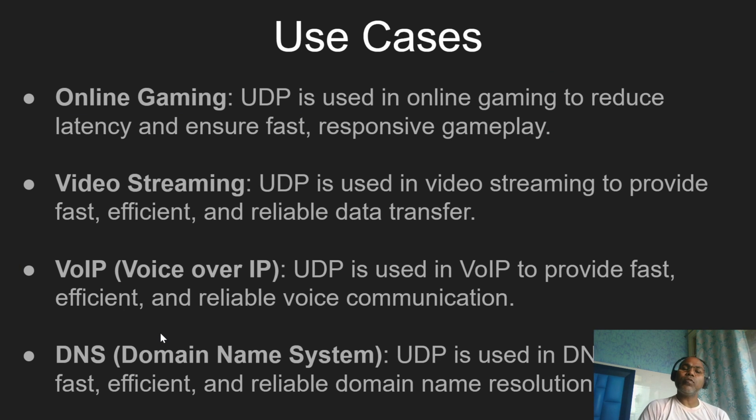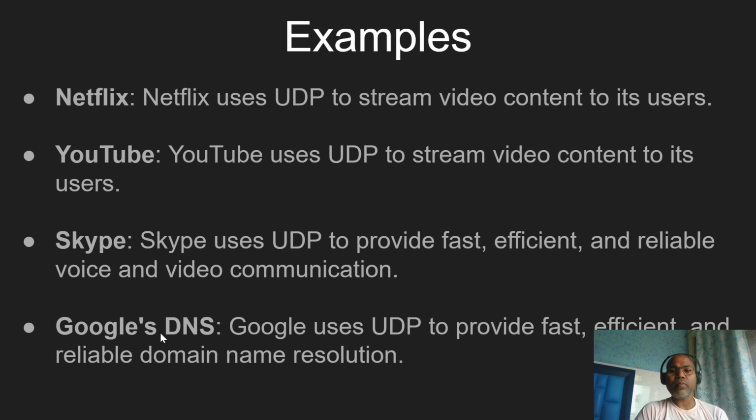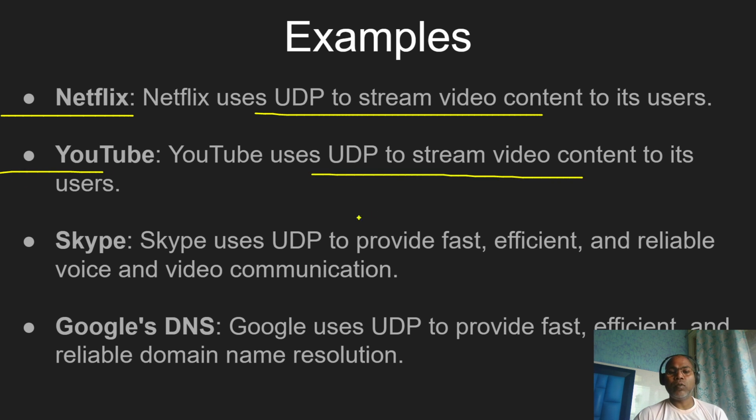So there are lots of use cases where communication between client and server needs to be as fast as possible, and UDP is used. A good example: Netflix uses UDP to stream video content, and similarly YouTube also uses UDP to stream video content to the user.